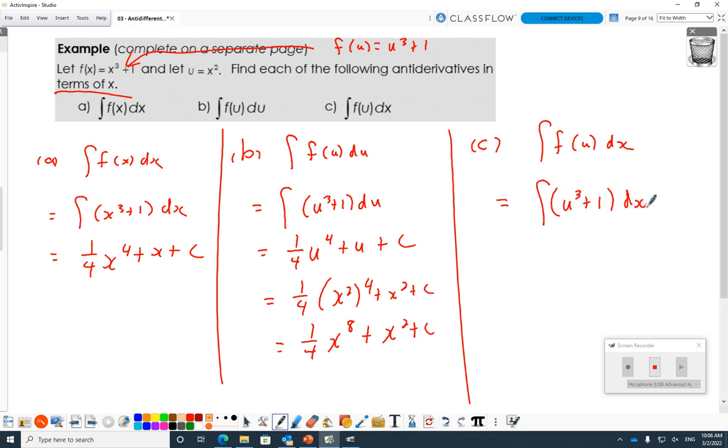Can't do this integral as it is because it's u cubed plus 1 dx, but I can do this. Go get u, which is x squared, so x squared cubed plus 1 dx. And so I get the integral of x to the 6th plus 1 dx, which is something different again.